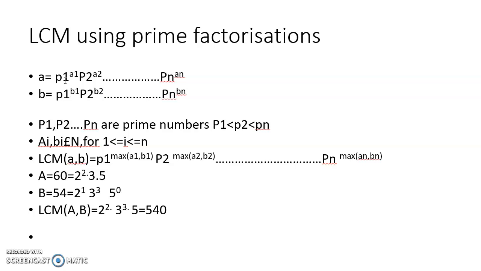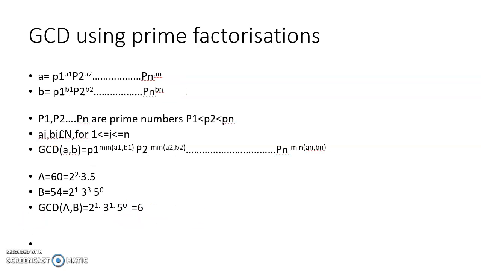A1 is 2 and B1 is 1 here, so 2 raised to 2, into 3 raised to the maximum of 1 and 3, that is 3. Then 5 raised to the maximum of 1 and 0, that is 1. So the LCM of A, B is equal to 2 raised to 2 into 3 cube into 5, that is 540.